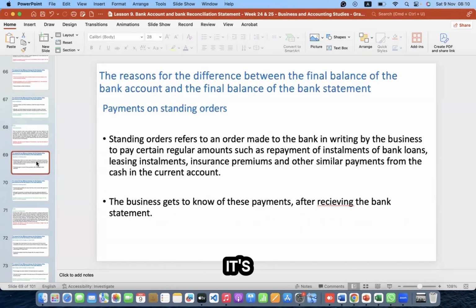Okay, it's like this. Banks have a facility called standing orders. Standing orders means that you can give an instruction to the bank that on a particular day, a particular amount is to be paid.